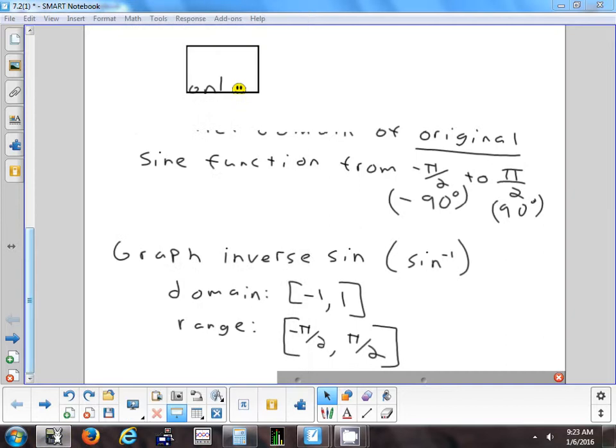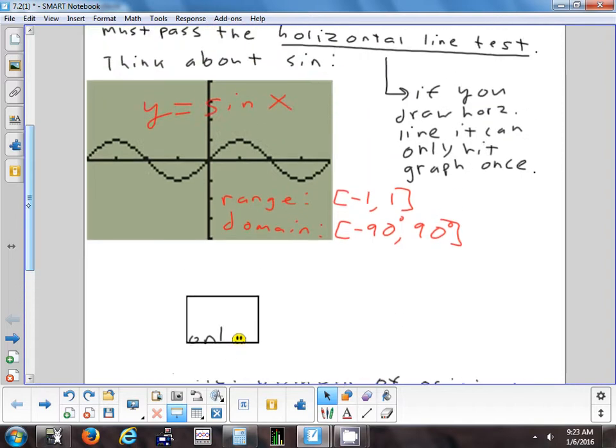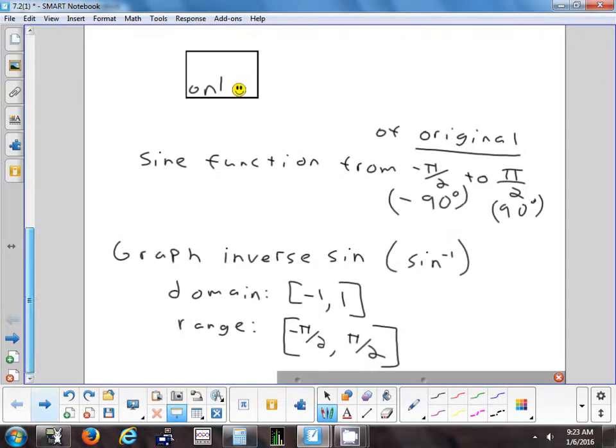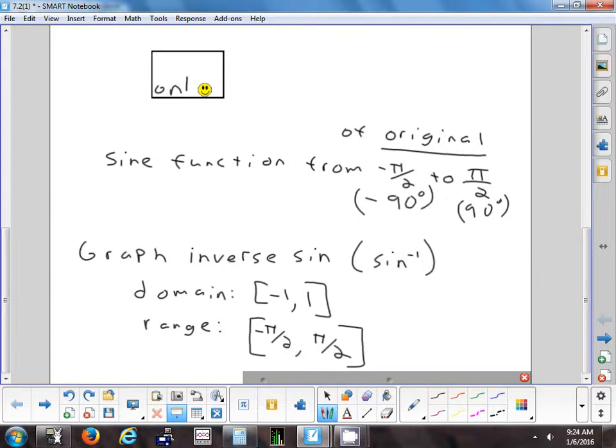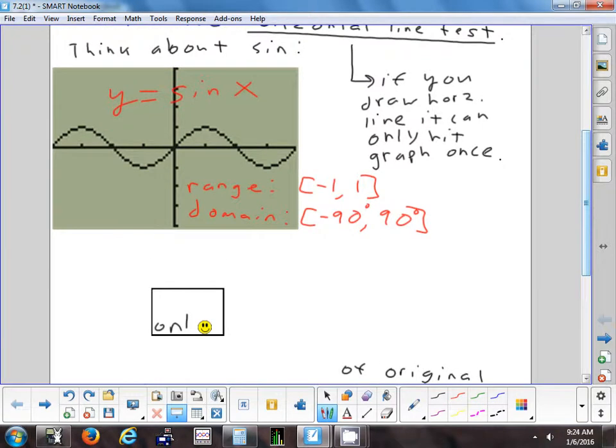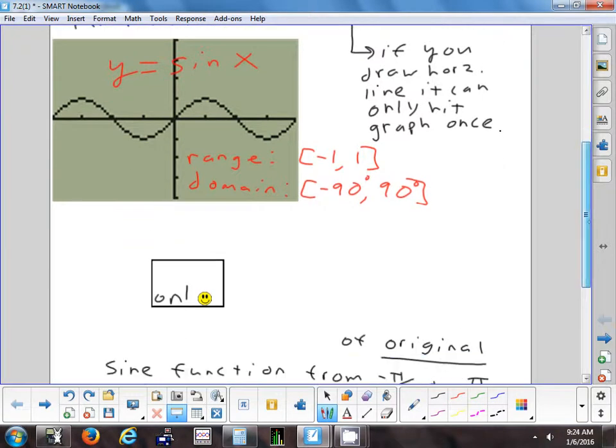Right, so any question on the domain and range of inverse sine? Yeah? I thought you said that in the inverse, either the domain or the range switch. Yep, they do. In the original, the range was negative 1 to 1. Now my domain is negative 1 to 1. It's switched. So my range was negative 1 to 1.